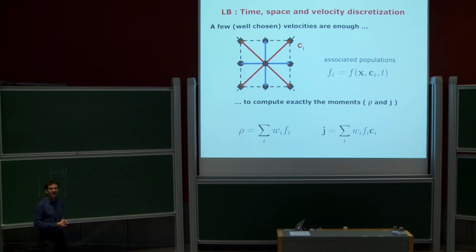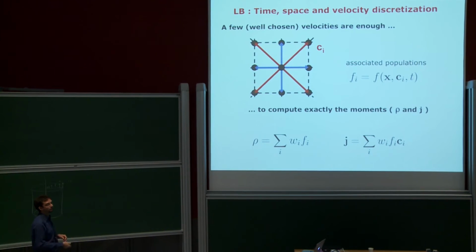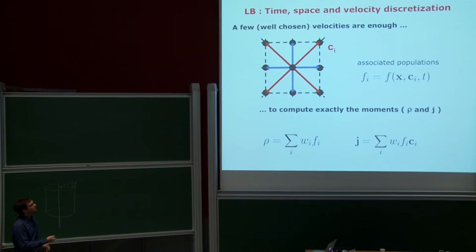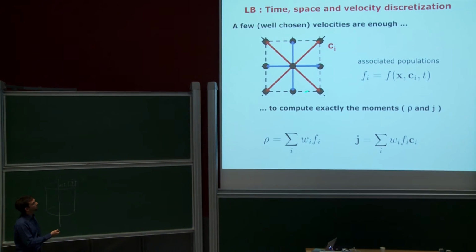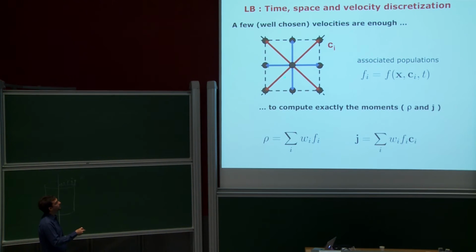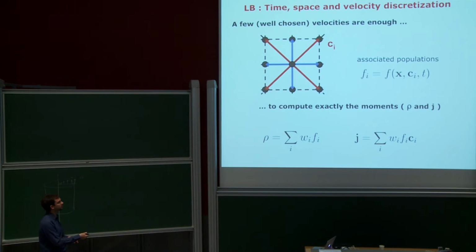And it means that they had, at the initial time step, a velocity that brings them to one of the other grid nodes. And in particular, you can make a good choice of these velocities that allows you to consider only nearest neighbors and next nearest neighbors for the most standard lattices. And with these very few velocities, you will be able to reconstruct the moments.